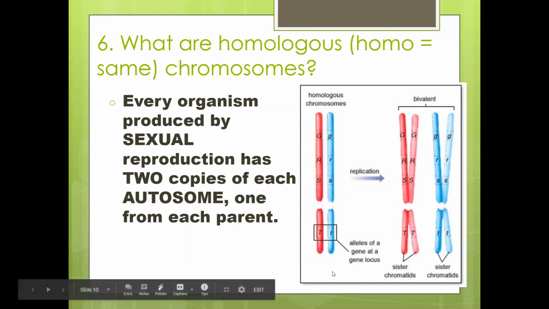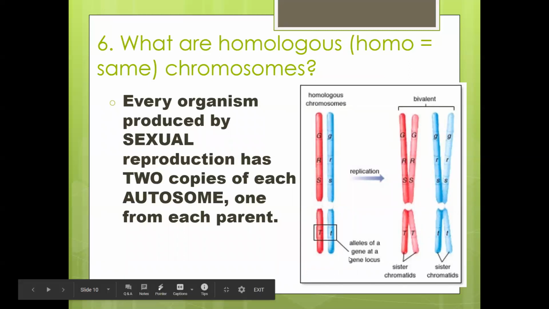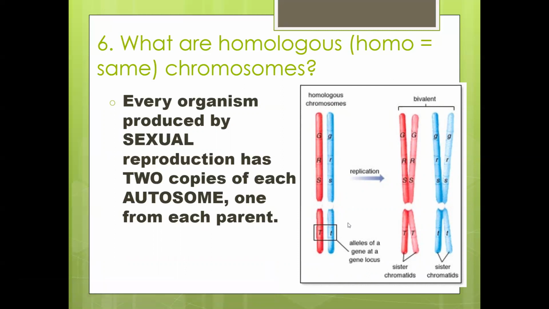Let's pretend these are chromosome 1 right here. The red copy, let's say you got that from your mom, the blue copy you got from your dad. These are homologous chromosomes because they are the same chromosome, you just got one from each parent.